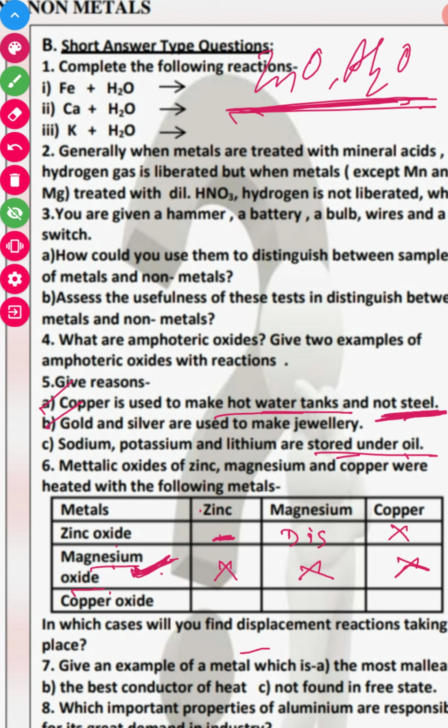And with magnesium, no reaction takes place because this is magnesium oxide and this is magnesium. Copper oxide, when reacted with zinc, a displacement reaction will occur. Copper oxide reacting with magnesium, a displacement reaction will occur, and copper oxide reacting with copper, no reaction takes place. Okay.